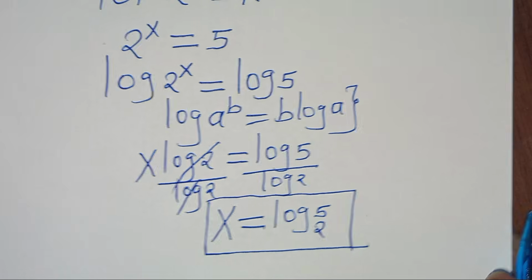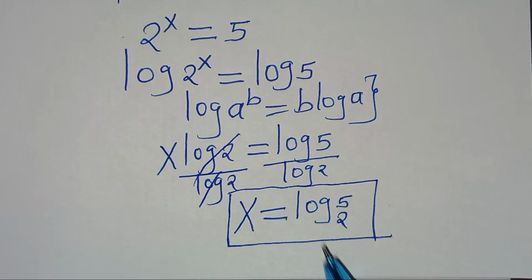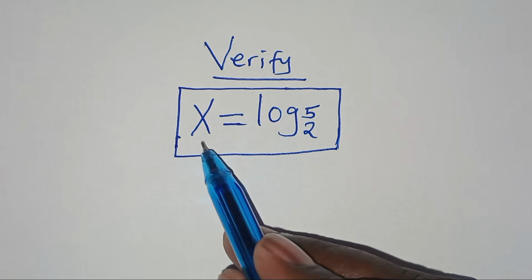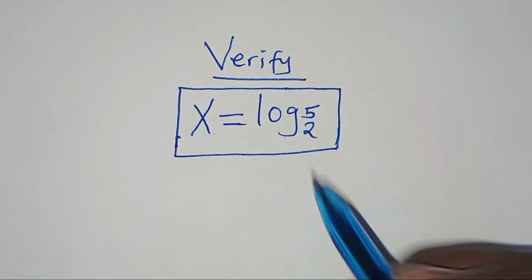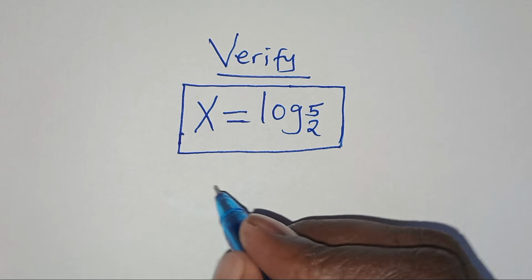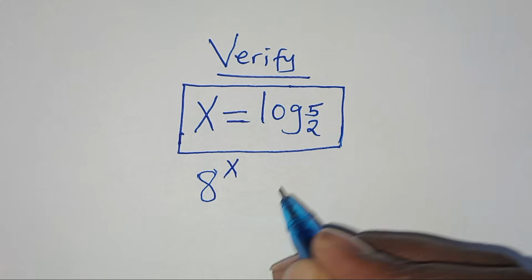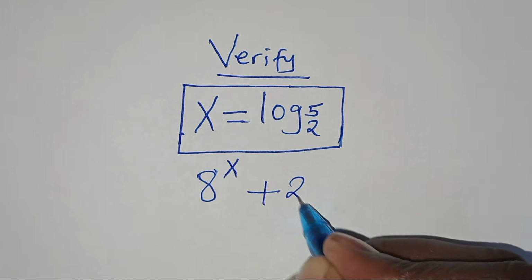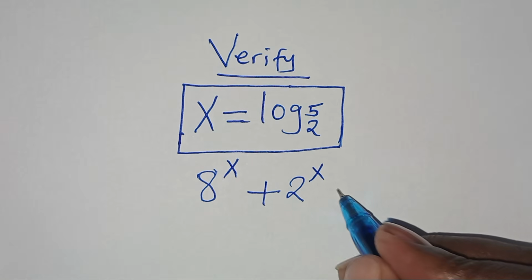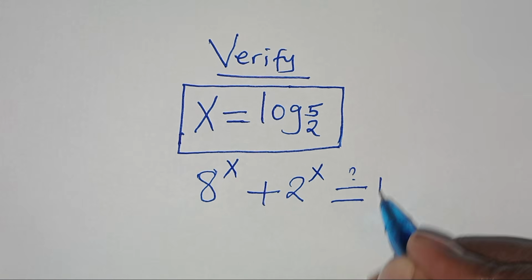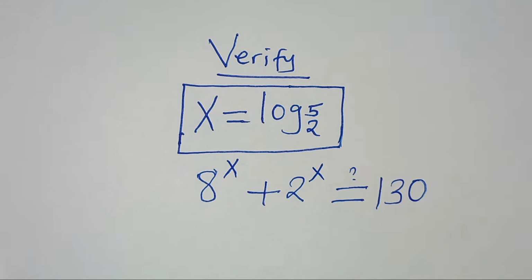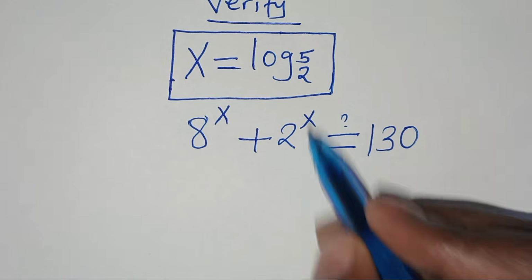The next step is to verify if this value of x satisfies the equation. Now let's verify that this value of x, which is log 5 to base 2, satisfies the equation. Now we have 8 raised to the power of x plus 2 to the power of x. This should give us a value of 130. So let's substitute the value of x.